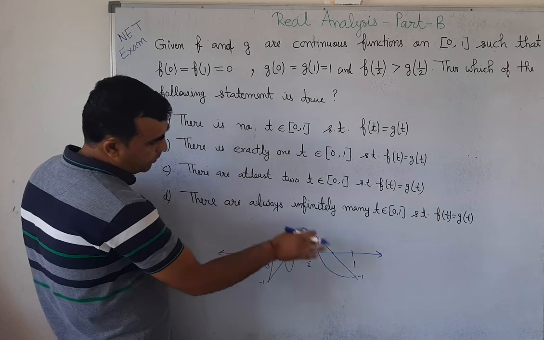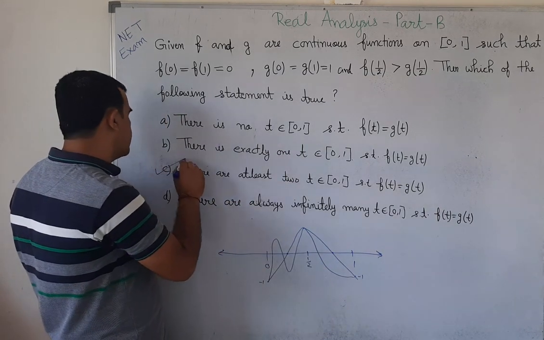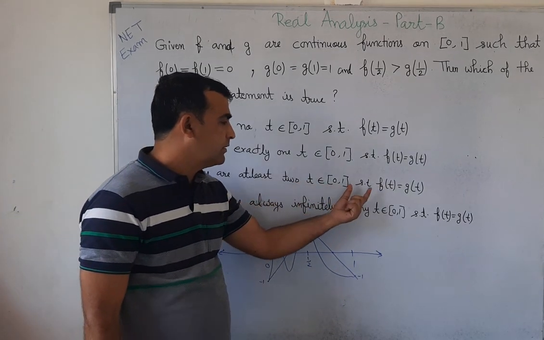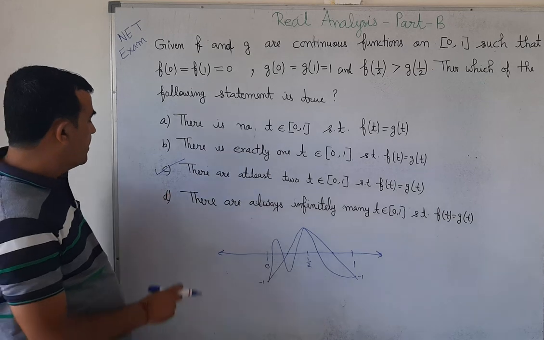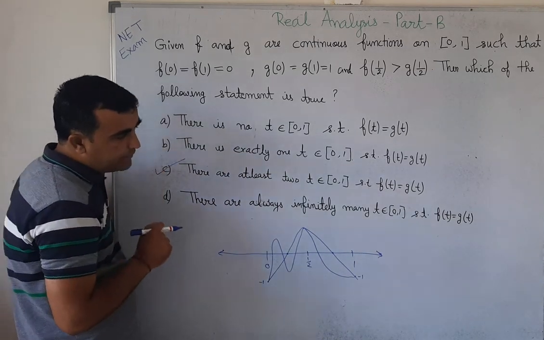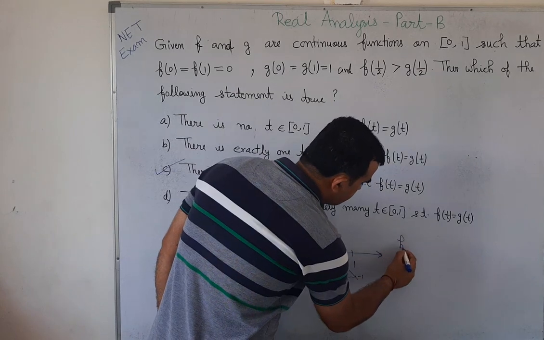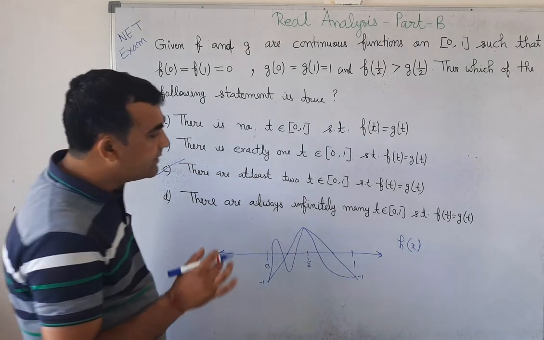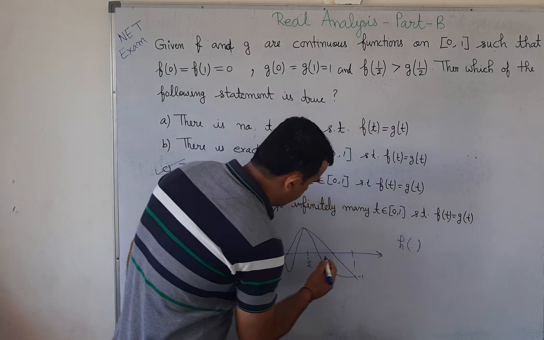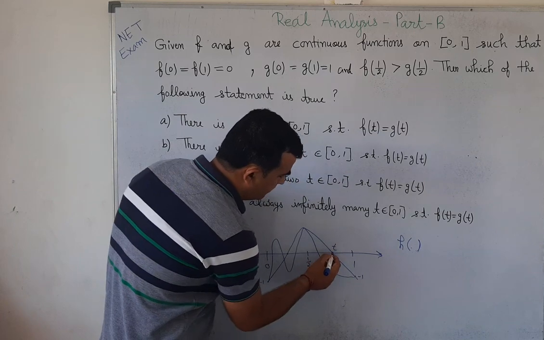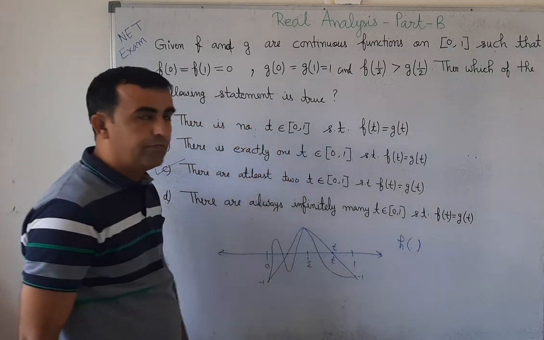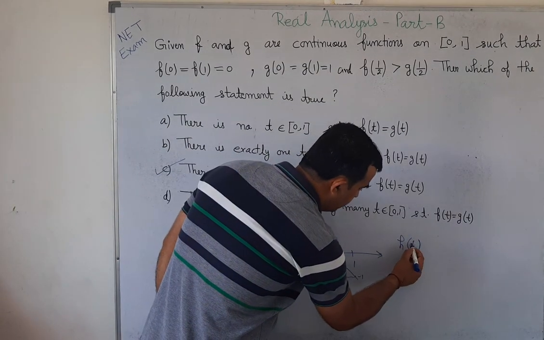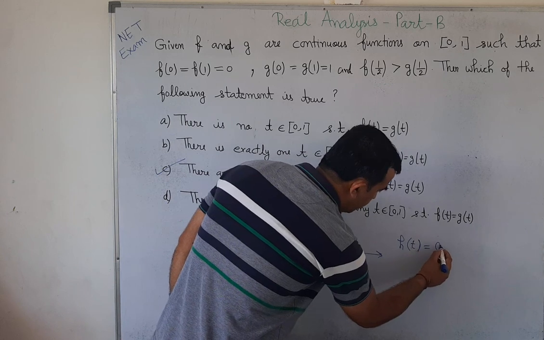So from this discussion, the third option is correct. There are at least 2 t belonging to [0, 1] such that f of t equals g of t. I tick this. What we have seen is that h of x has at least 2 zeros. Suppose t is a zero, meaning at t, h gives 0.